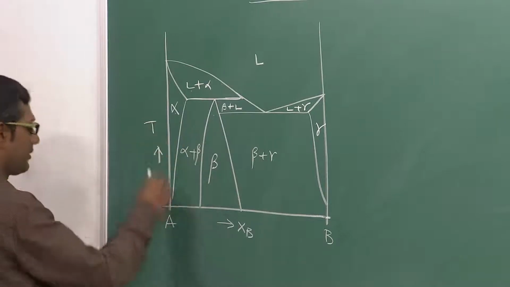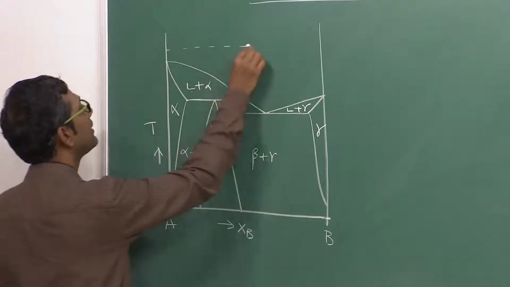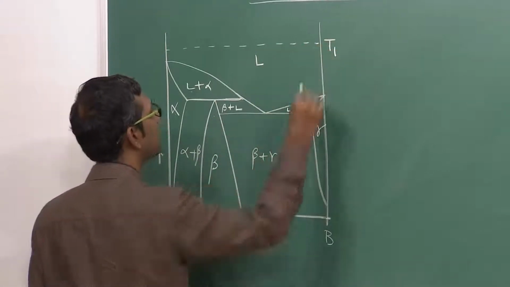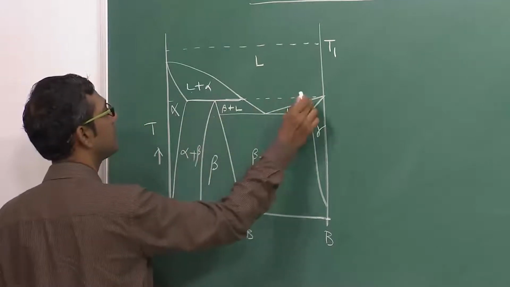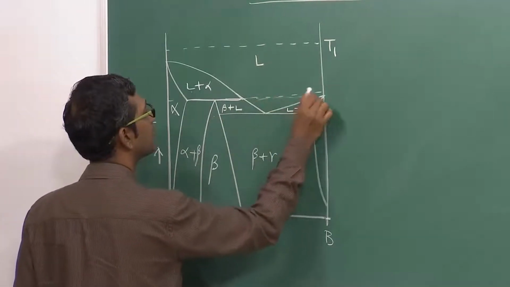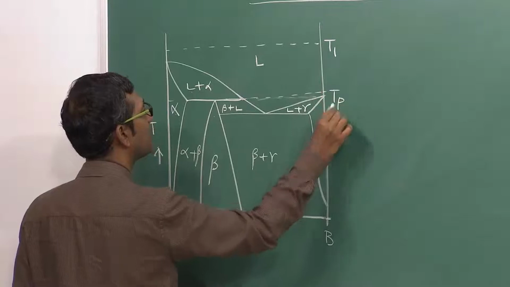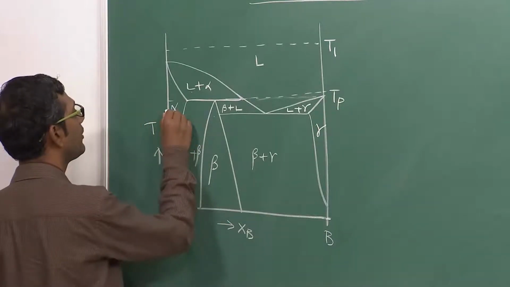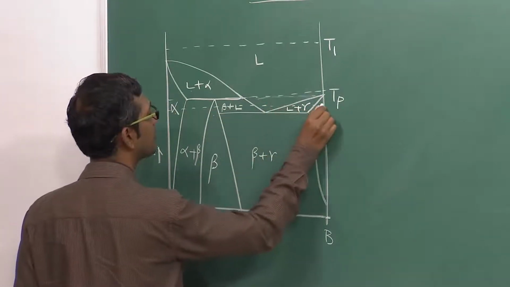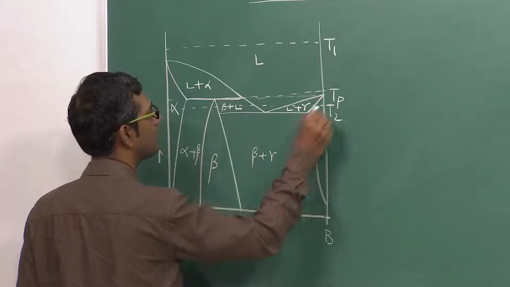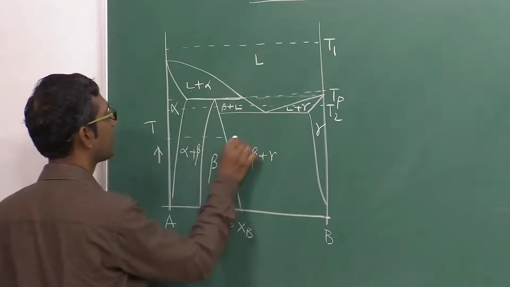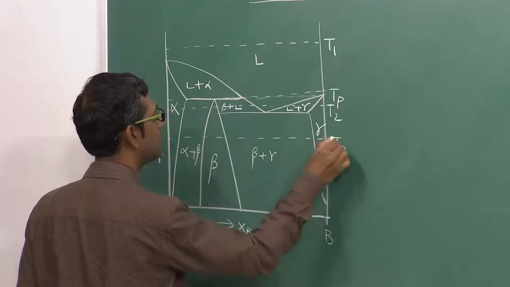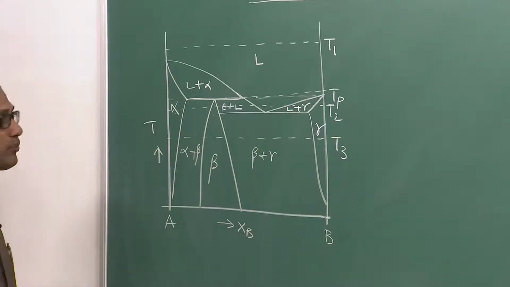Now let us draw the free energy composition diagram at different temperatures, and this is Tp, the peritectic temperature. Then we will draw another one here, which cuts through many of the phase fields, and then another one here. So we are going to draw the free energy composition diagram for 4 temperatures.